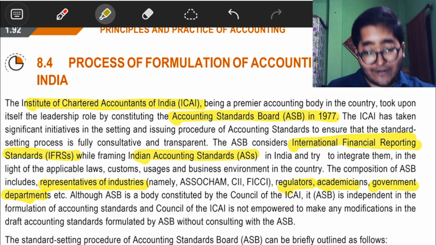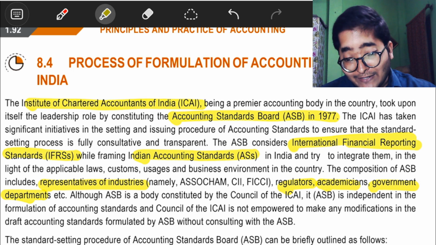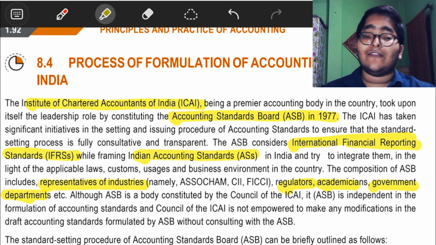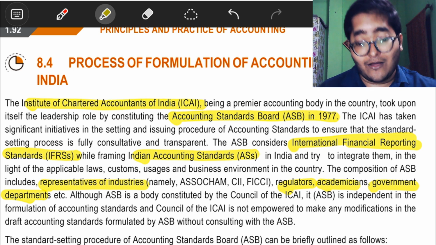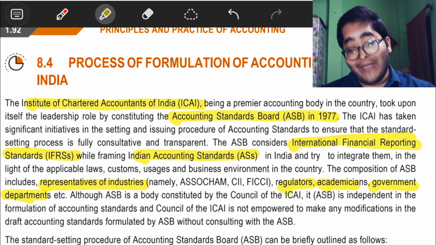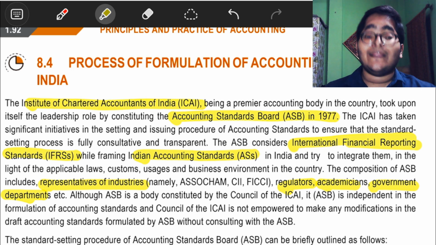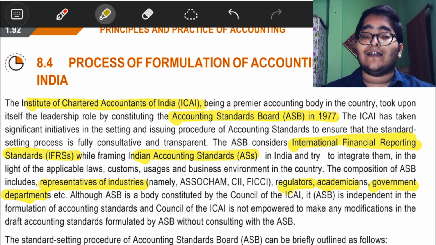Although Accounting Standard Board is a body consulted by the Council of ICAI, the Accounting Standard Board is independent in the formulation of accounting standards, and the Council of the ICAI is not empowered to make any modification in the draft accounting standards formulated by the Accounting Standard Board without consulting the Accounting Standard Board.